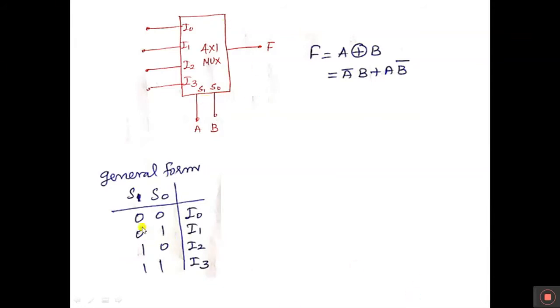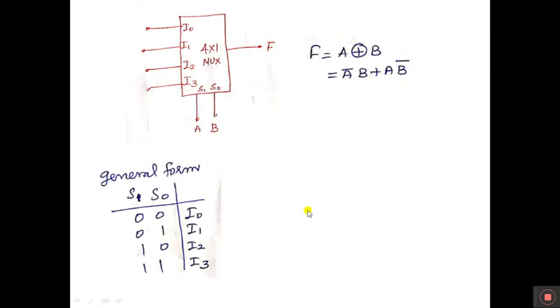If the selection lines are 0 0, I0 will appear at the F terminal. If 0 1, I1 will appear at the output terminal F. If 1 0, I2 will appear at the output terminal F. If the selection lines are 1 1, then I3 will appear at the output terminal F.